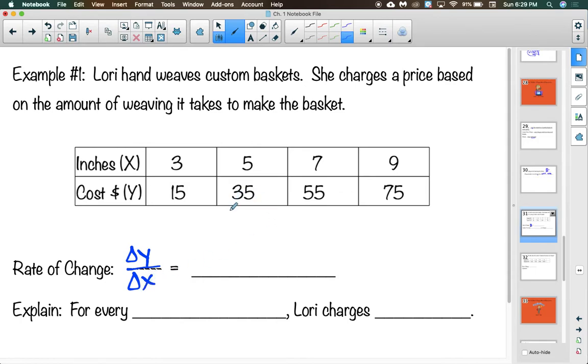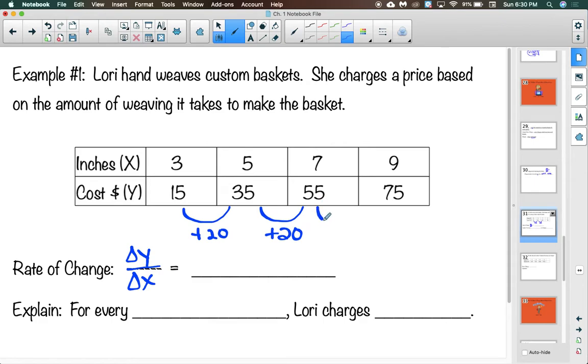And you are going to love this. This is very, very easy. So first we're going to go to our y's because we want to find our delta y. So we have to find the difference from the first y to the next y. Okay, so the difference between 15 and 35 is plus 20. And then we'll find the next delta y, and 35 to 55, that's another difference of plus 20.